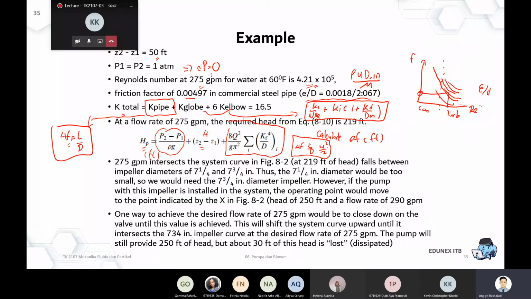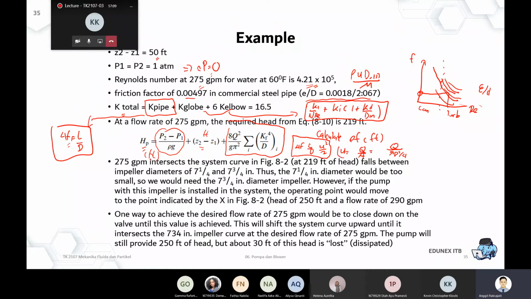From this one you need to be aware that U is equal to Q per A, and Q per A would be Q per pi D square per 4.